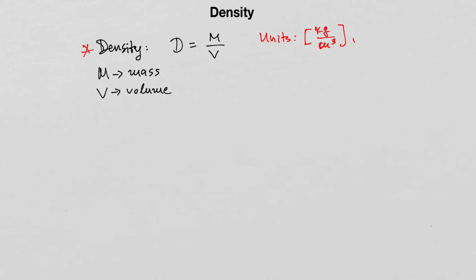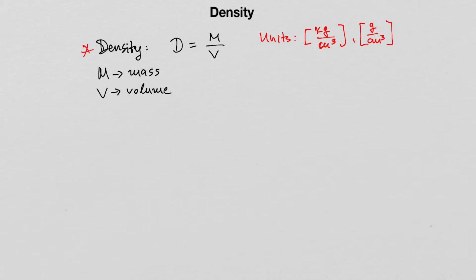However, other units that we will encounter are, for example, grams per cubic centimeter. And in the imperial system, it's going to be slugs per cubic inch, for example, or per cubic foot. I'm not going to list those since we're working in the metric system.